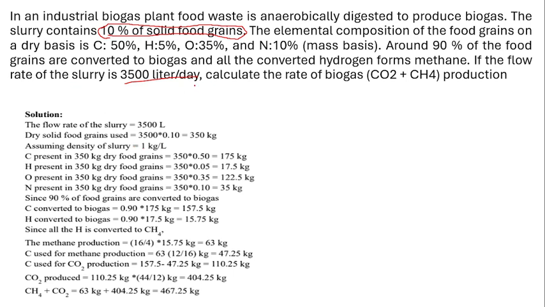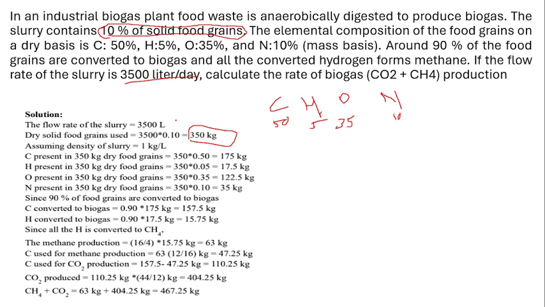Now we know the CHON composition is given as 50 percent, 5 percent, 35 percent and 10 percent. With this composition, 350 kg is the amount of food grain present in the slurry.